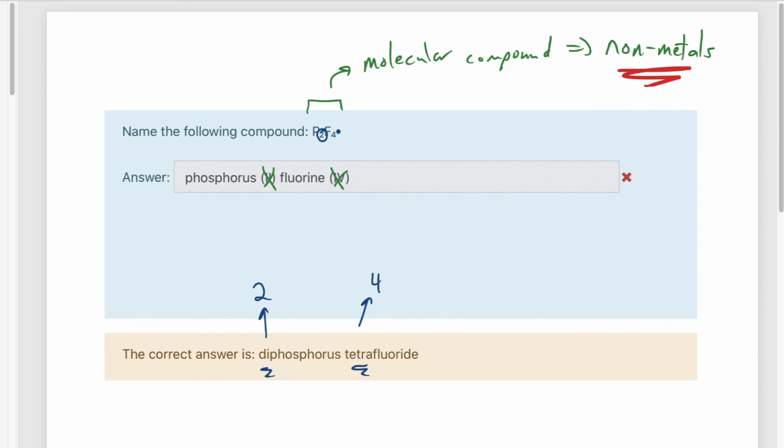The 4 is coming from the subscript there. And then one other breakdown here. Notice that for the first name, we're just using the element's name. And then on the second name, notice we're going to borrow the IDE ending.